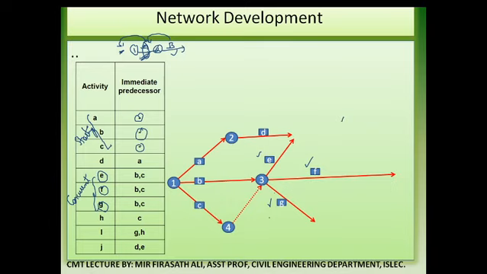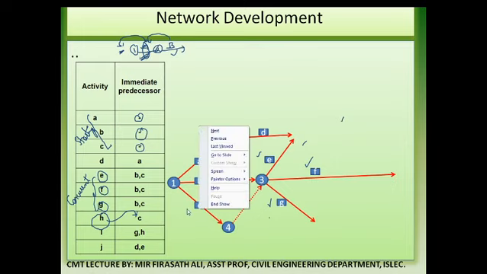Now look at activity H. The immediate predecessor of activity H given in the table is C. H is dependent upon C. Activity C is here.